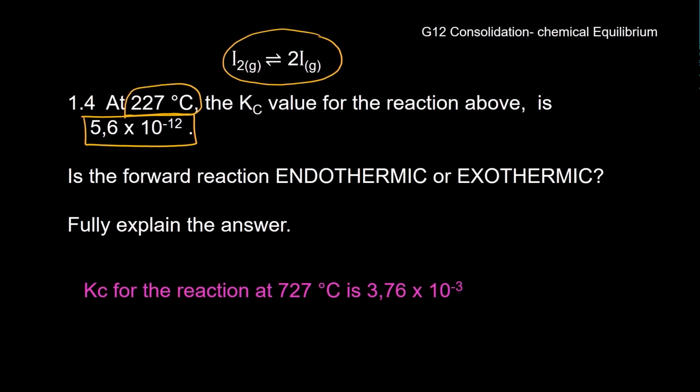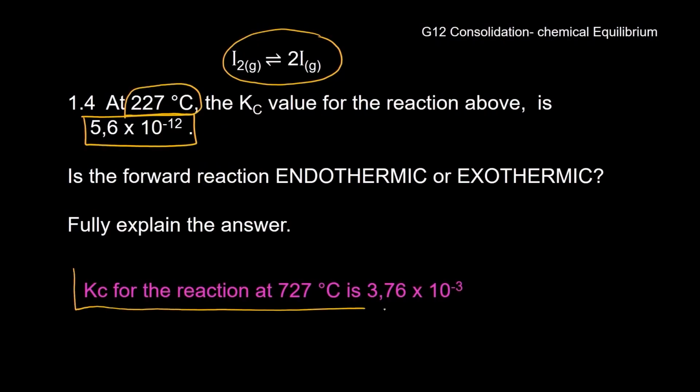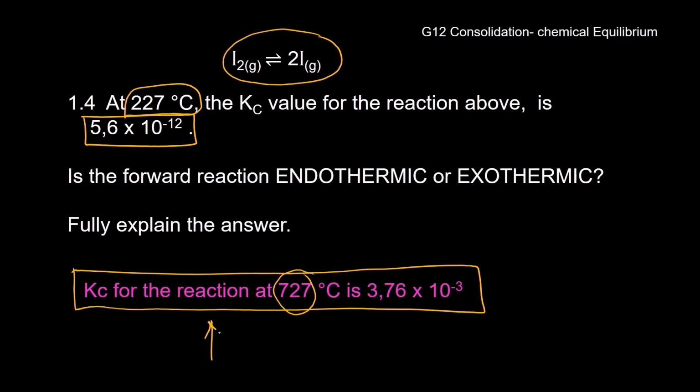Now, there is a little bit of information that they gave us right at the very beginning of this question, and it was this here. Have a look at that. The Kc for the reaction at 727 degrees Celsius is 3,76 times 10 to the minus 3. So this is the initial temperature of the reaction.